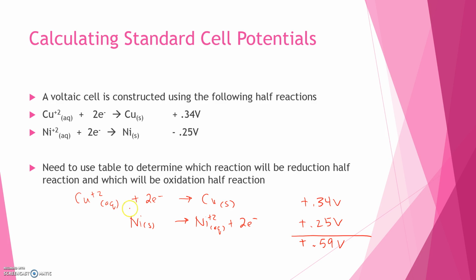This is a pretty straightforward one because my electrons are equal. So if I were to add this reaction together, overall, I would have Cu2+ plus Ni solid yields Cu solid plus Ni2+ aqueous.